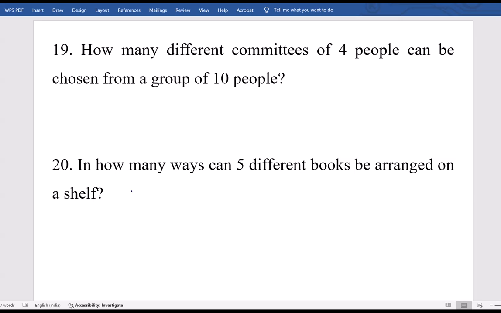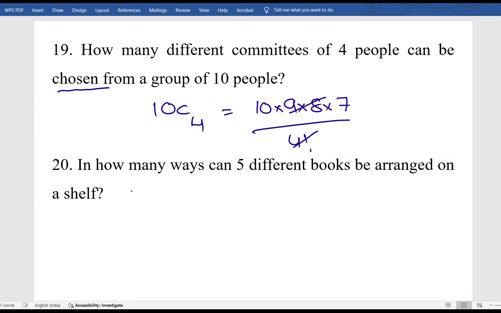Directly it's 10C4, right? You want 4, chosen at random, from 10 people, 4 people. 10C4 is 10 into 9, 8, 7 divided by 4 factorial, 24, which is 210. What about the second?